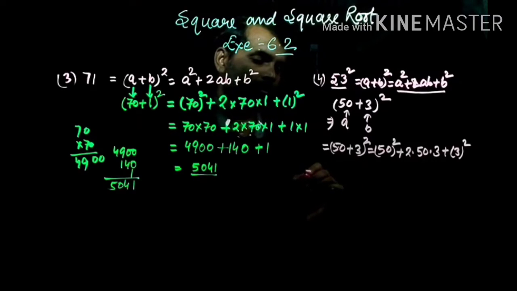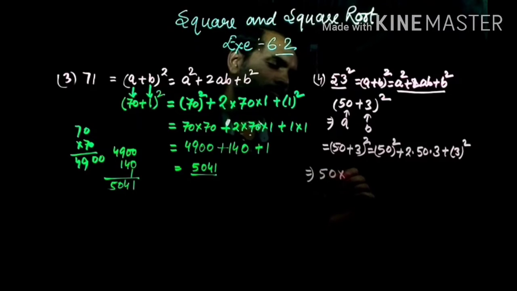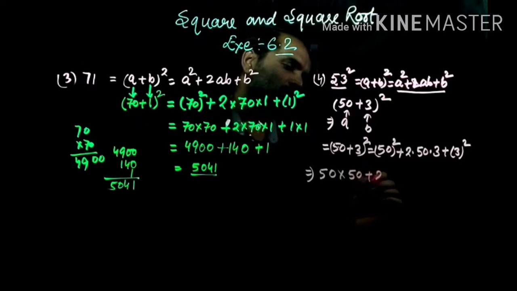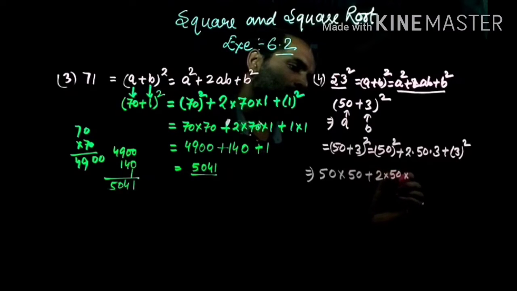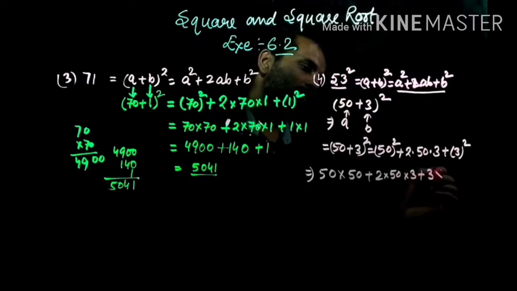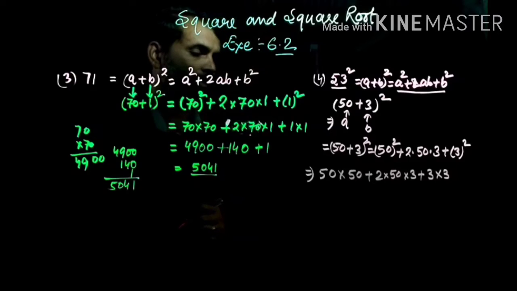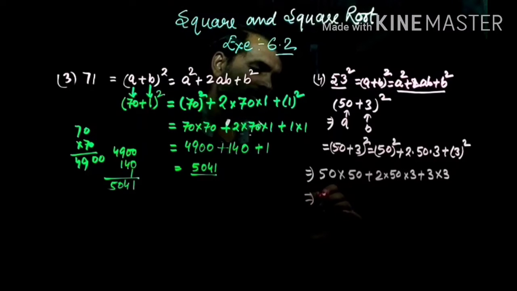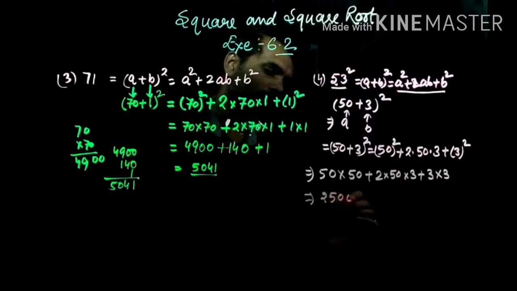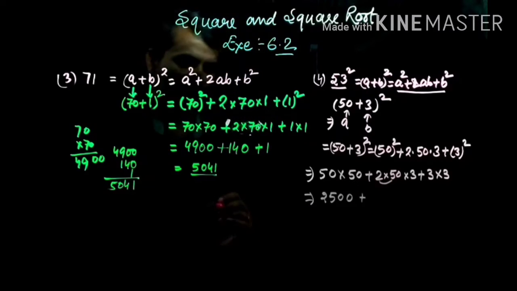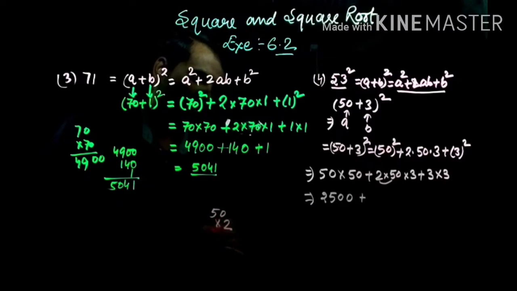Now 50 square is 50 into 50, plus 2 into 50 into 3, and 3 square is 3 into 3. Now 50 into 50 is 2500, and 50 into 2 is 100, into 3 is 300.